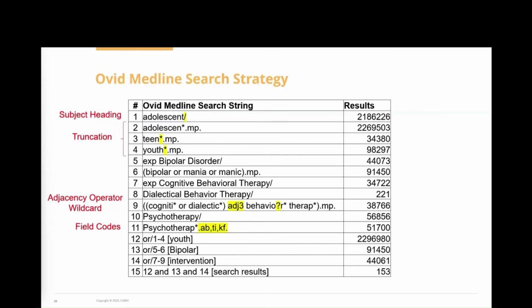Also in line 9, we use the wildcard question mark symbol to capture behavior with and without the letter U. In line 11, we have an example of field codes, AB for abstract, TI for title, and KF for author-supplied keyword.